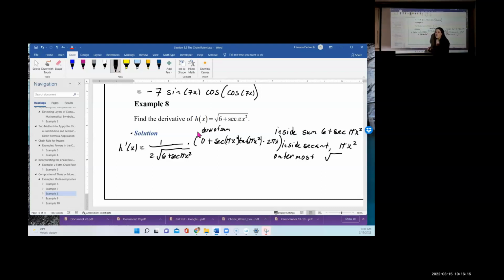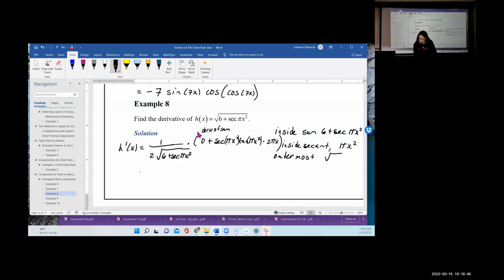Or pi is a constant, right? It's the same as like 3x squared, right? So it's going to be 2 times pi times x. Remember that pi is not a variable, so you do not apply the power rule to pi. You do not apply the power rule or the product rule with pi. Pi is just a number. It's a special number, but it's still just a constant.